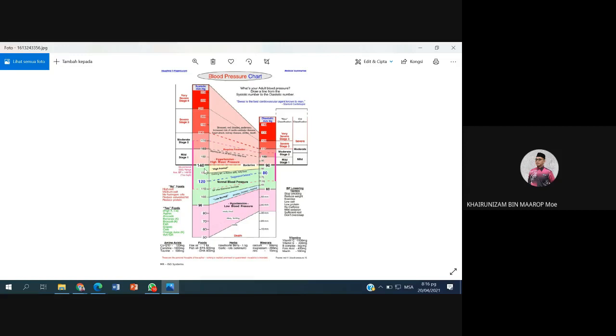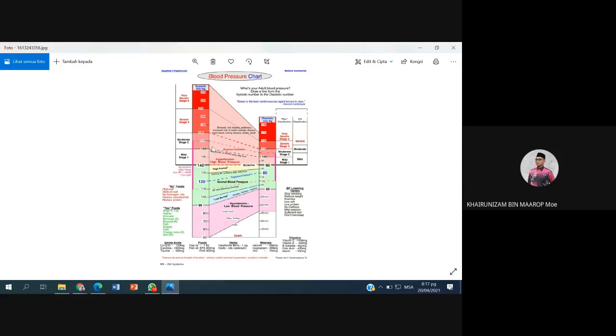If you look at the green color, the green color is the normal blood pressure, 120 over 80: 120 for systolic reading, and 80 for the diastolic reading.